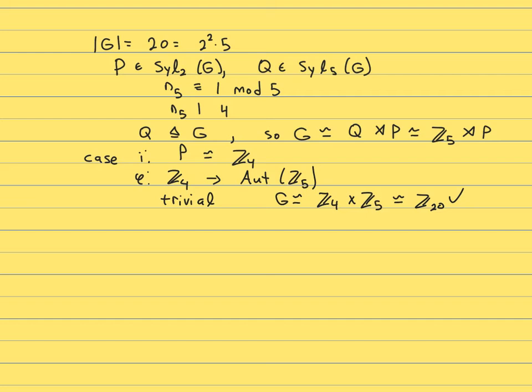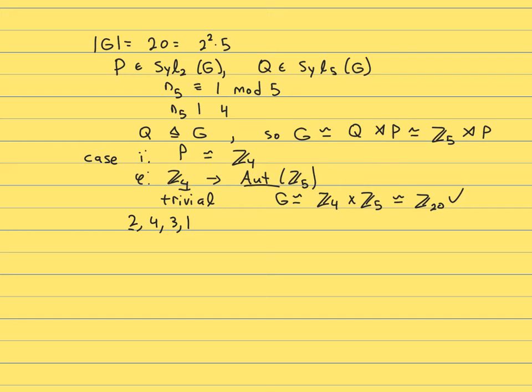But then there's also the homomorphism that sends the generator to the generator. And what's one generator of Z5? Well, it's the generator in this multiplicative group. So you can check, let's see, 2, 4, 8 mod 5 is 3, 16 mod 5 is 1, so 2 is a generator for Aut(Z5).